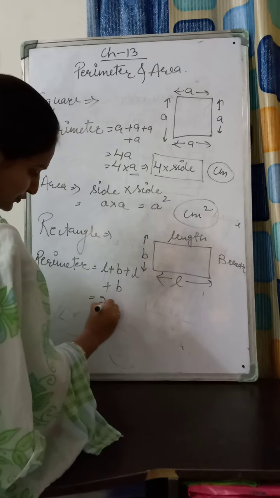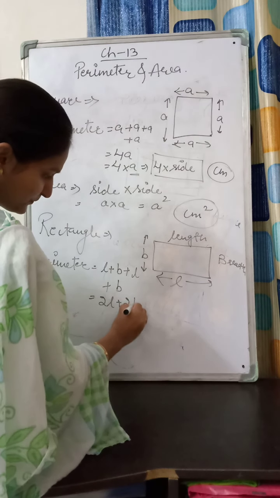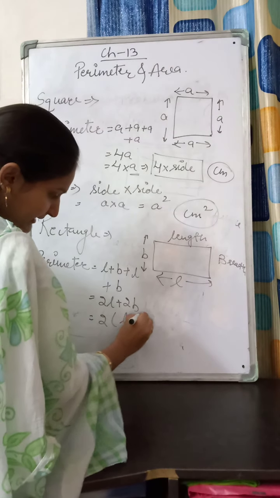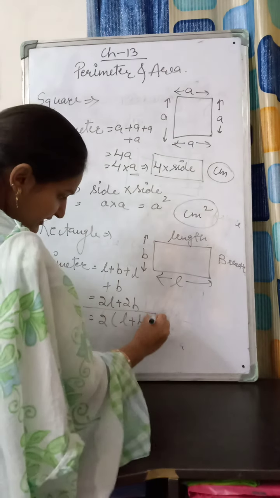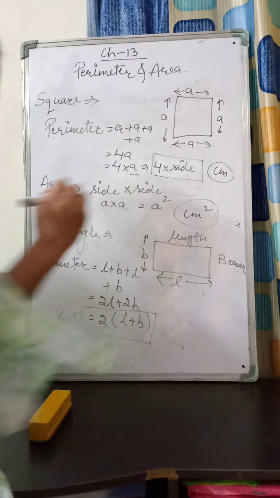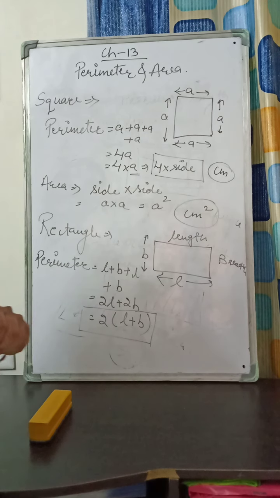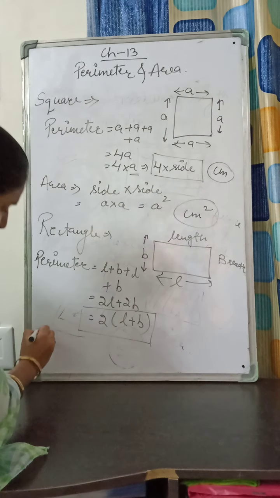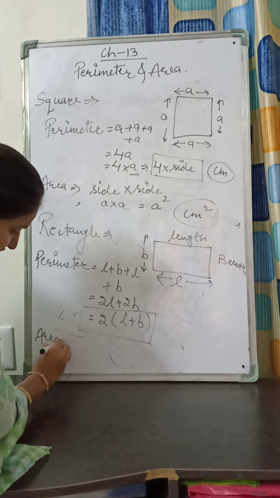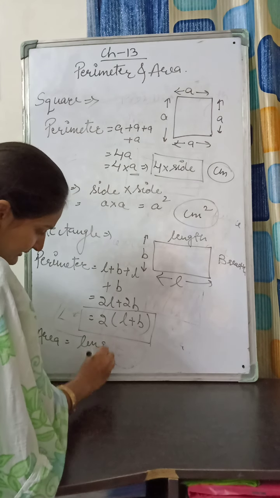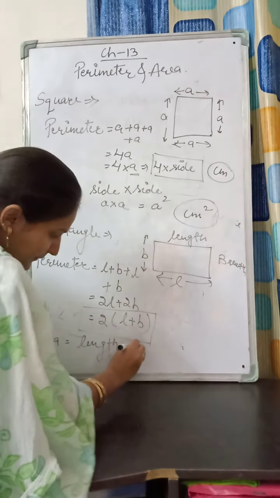So here we get 2 length plus 2 breadth, and we can say that this is 2 into length plus breadth. So the formula of perimeter of a rectangle is 2 into (length plus breadth), and simply the area of a rectangle will be length into breadth.